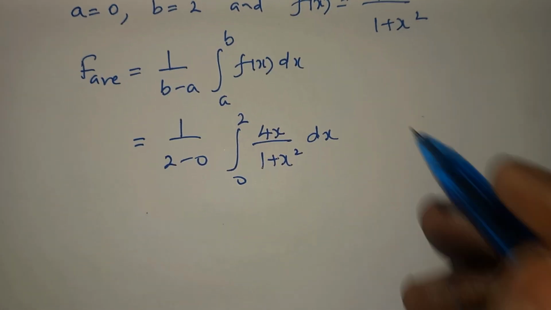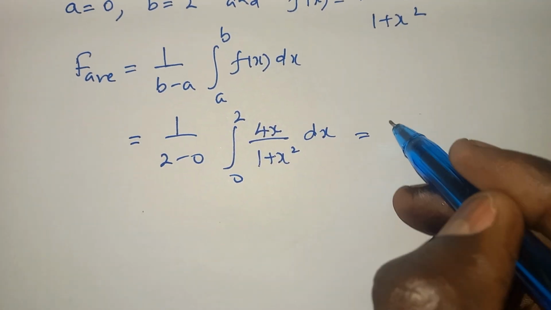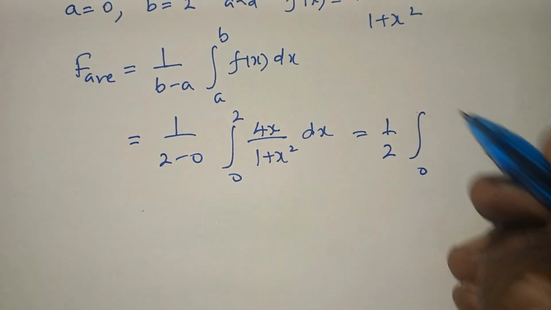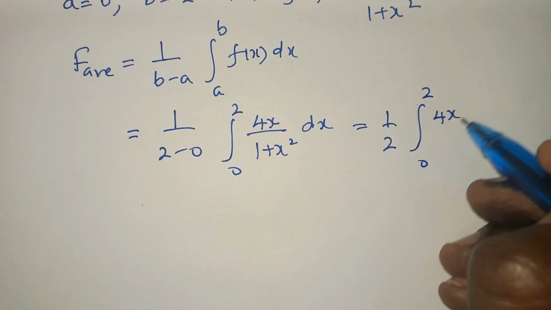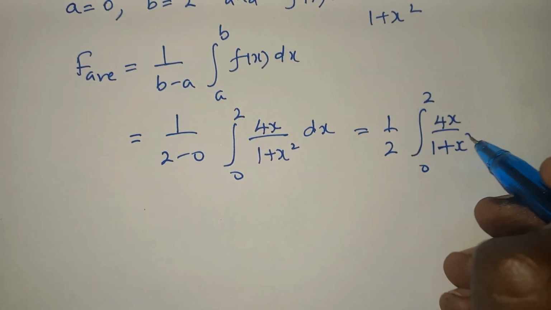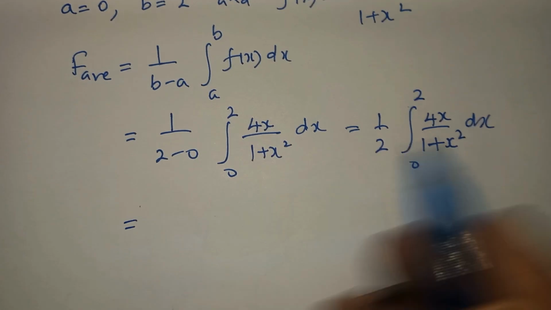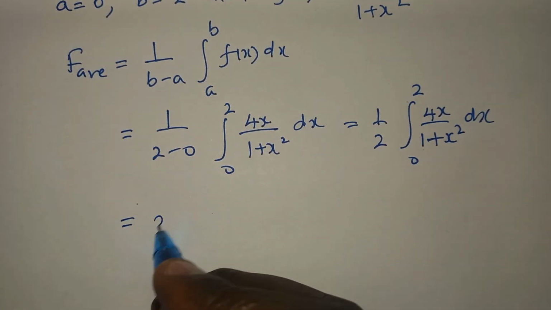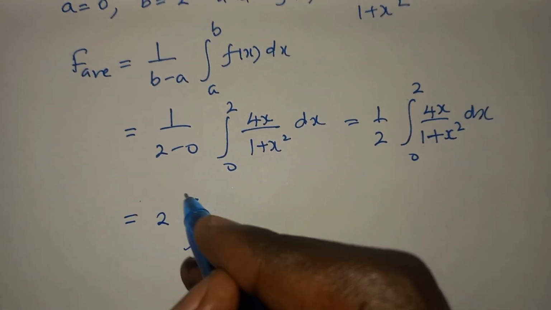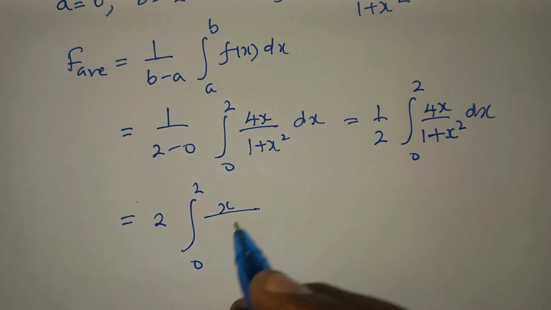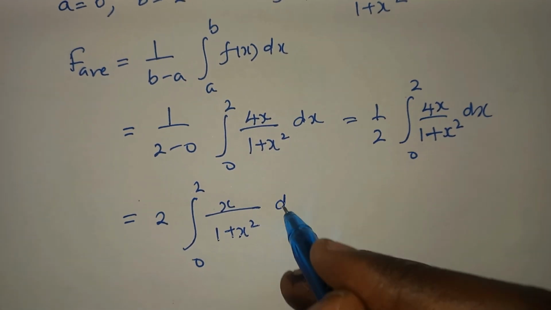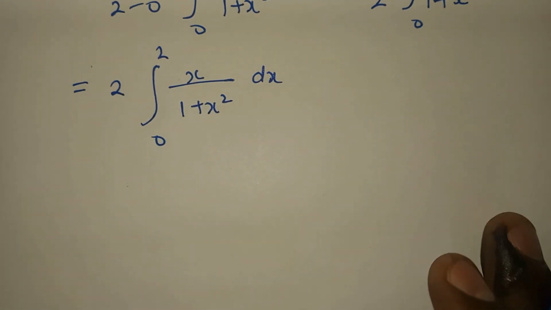Now, this simplifies to 1 over 2, integral from 0 to 2 of 4x over 1 plus x squared dx. Now, the 4 and the 2 here can cancel, and then we can factor out 2 so that we have 1 plus x squared dx.